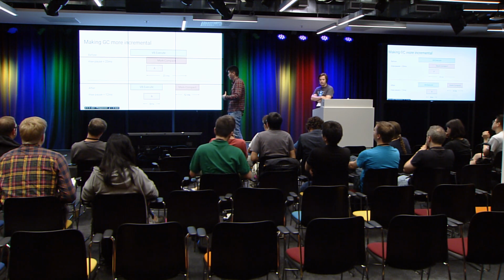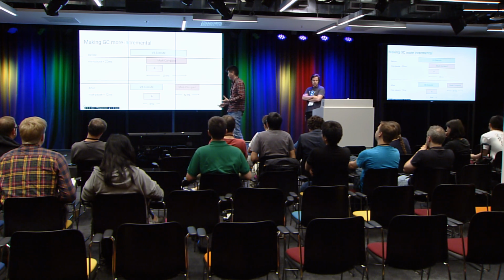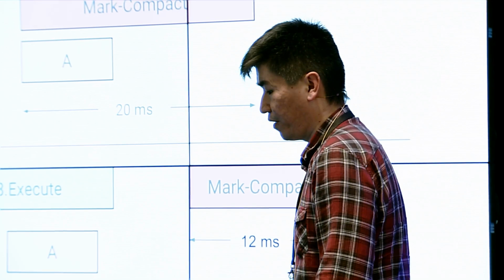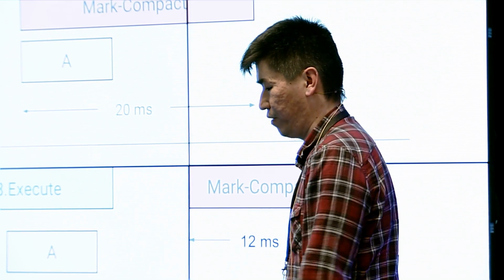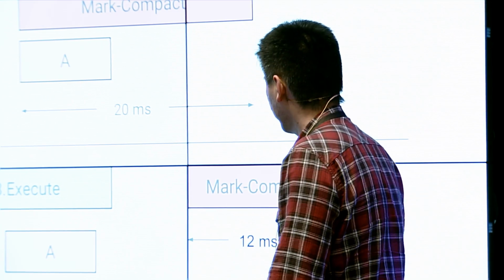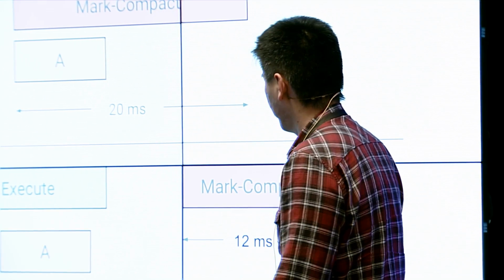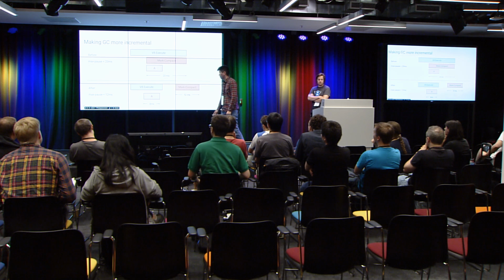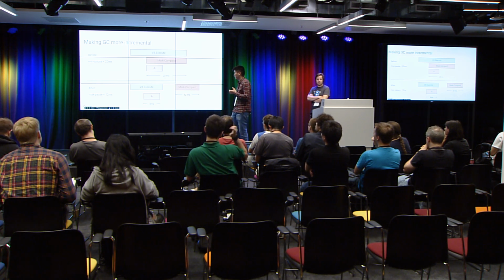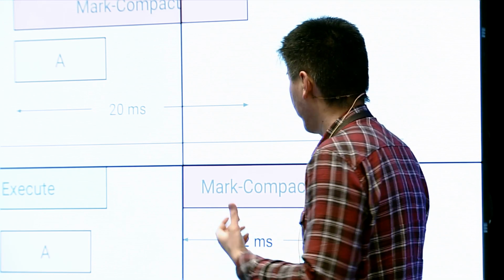The other case is also possible: if these two events are a little bit further apart from each other, then it could happen that Mark compact moves out of the script, and then it's an improvement in latency because Blink scheduler now can schedule input handlers before Mark compact. So as we see, the position of these GC events affects user-visible latency.